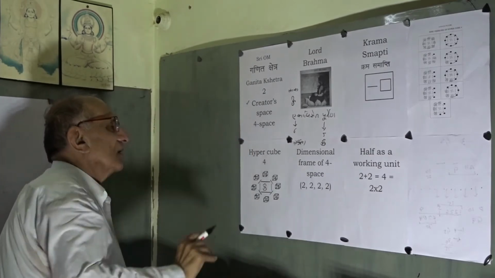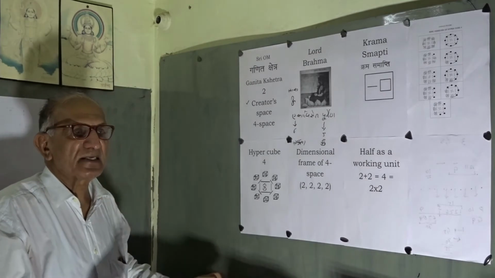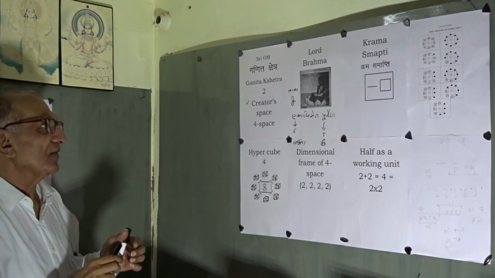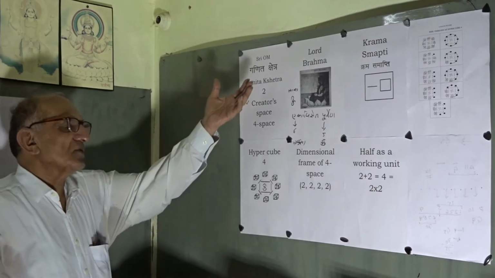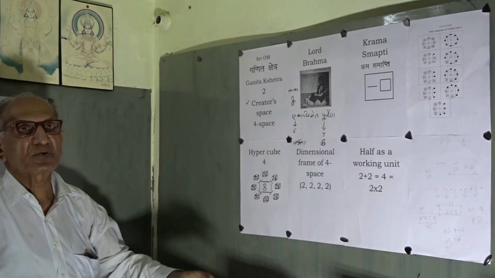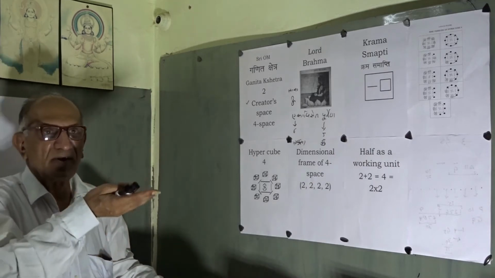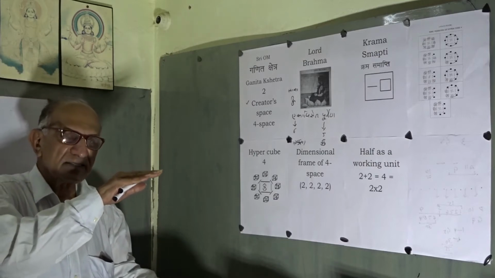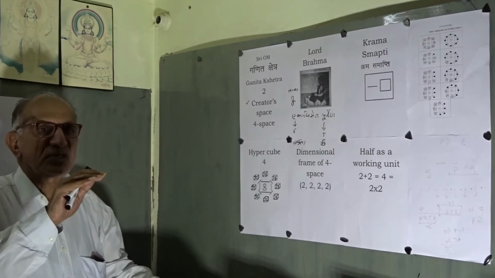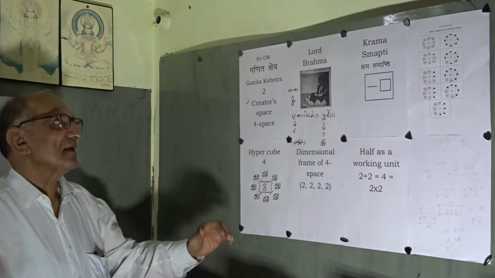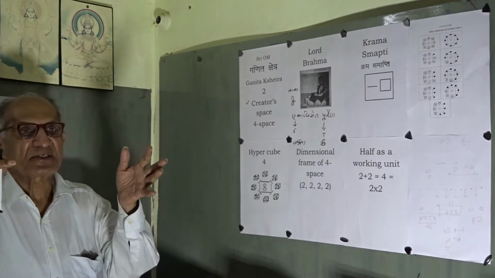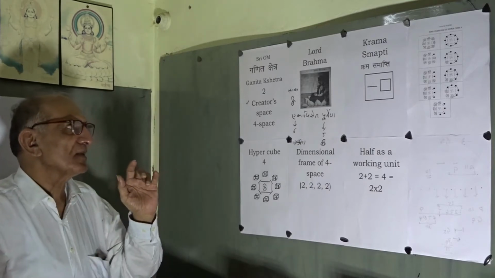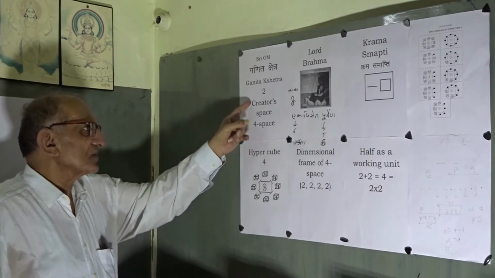Therefore, sadhakas fulfilled with intensity efforts to glimpse, imbibe and to be parallel with the format, features and values of Ganit Kshetra, the mathematical domain of Ganita sutras. That means the Vedic mathematical domain is the domain which is in respect of the creations within creator's space, and creator space is a 4 space.